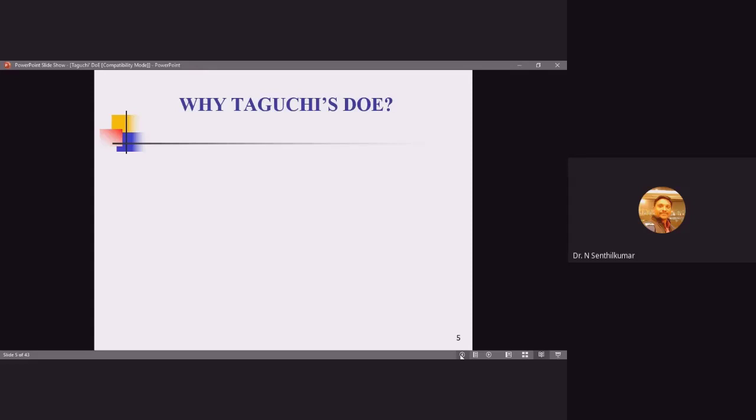Even though it has the disadvantage of a higher number of experiments when compared with Taguchi, some repetition of experiments will be there in RSM. Why? To eliminate the experimental error. In Taguchi also we incorporate that by means of replication or repetition. At the end we will see what the replications and repetitions are.